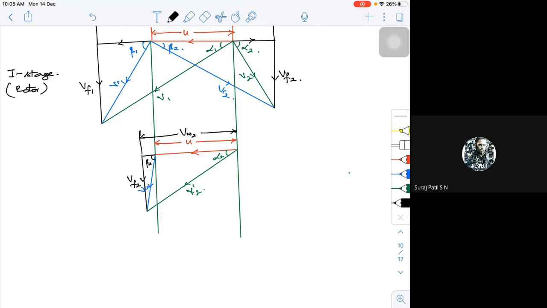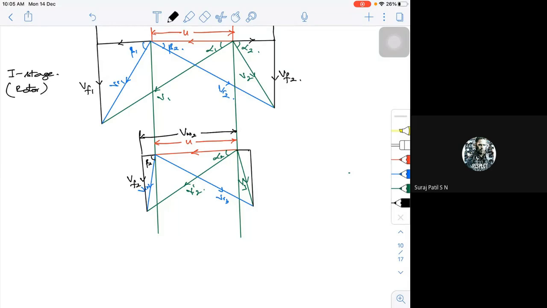Now if I want to draw V3, VR3 will be something like this. It's a small triangle. This will be my VR3, and this will be my V3. I can close it with the components of velocity.